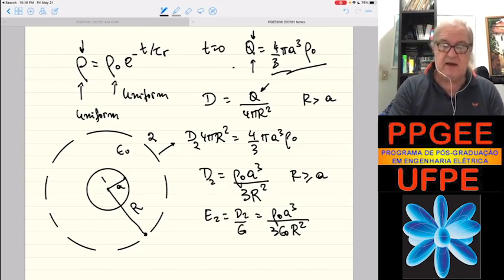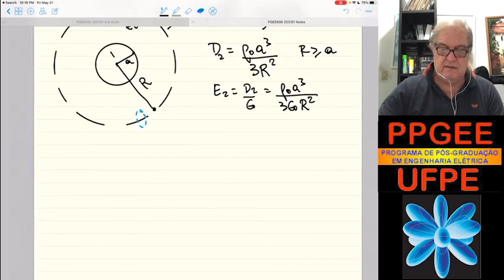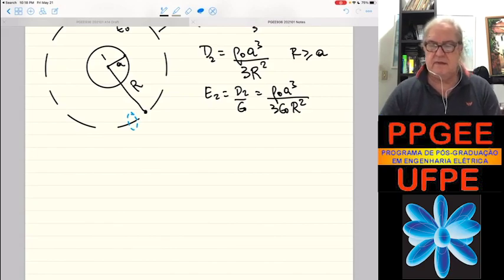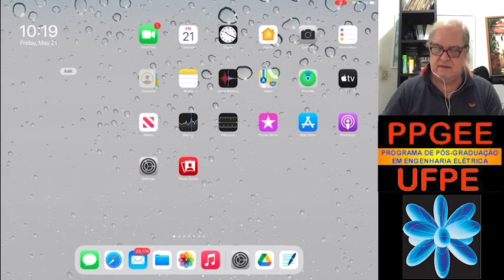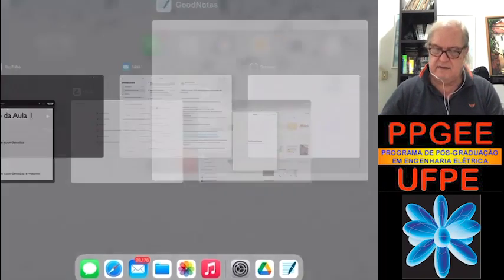Now, if you make a Gaussian surface inside, let me do this one. Maybe I can duplicate this one here. I have space. Copy and paste here. Oops, it froze. I have to restart my application.